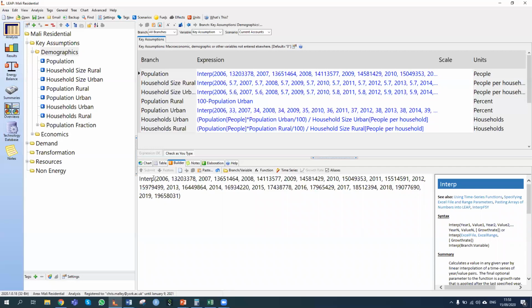Interp is a function that allows us to enter a year, 2006, and then a value, and then a year, and then a value, a year, and then a value. And what it allows us to do is, if we didn't have data for 2007, it would simply interpolate between 2006 and 2008. So the Interp function interpolates between a value in a particular year and a value in the next year.